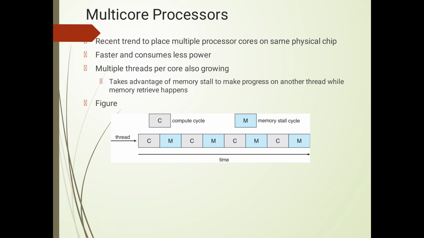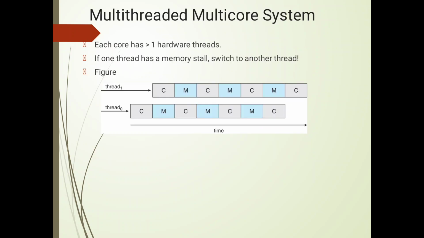This takes advantage of memory stall to make progress on another thread while the memory retrieval happens. In multi-threaded multi-core systems, each core has more than one hardware thread. If one thread has a memory stall, switch to another thread.